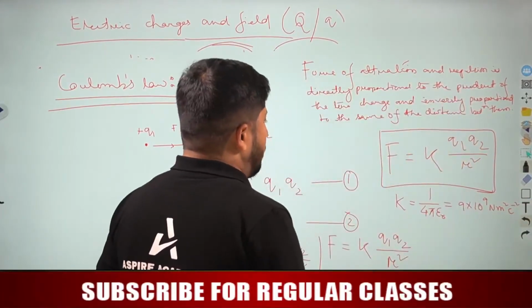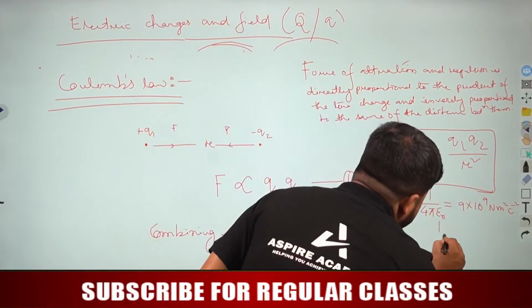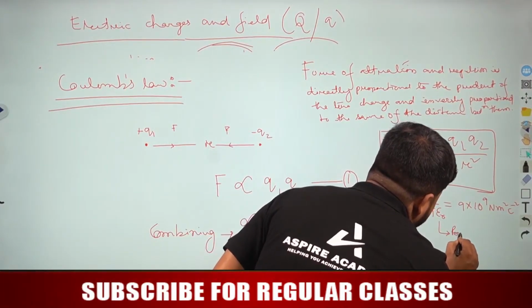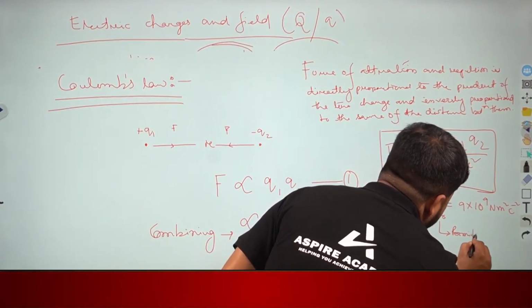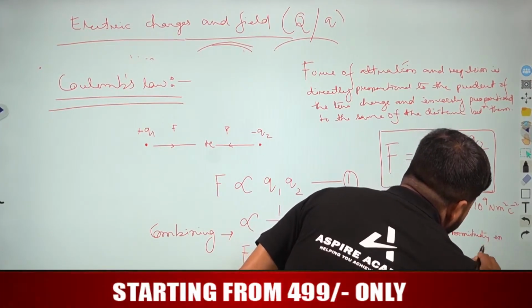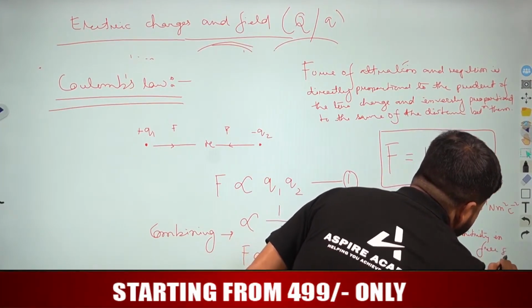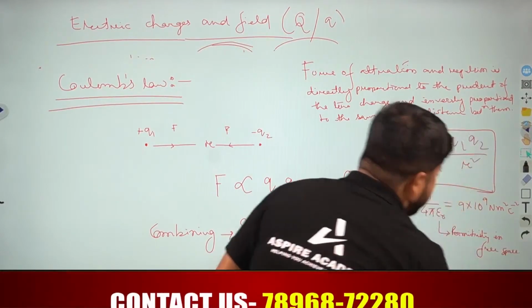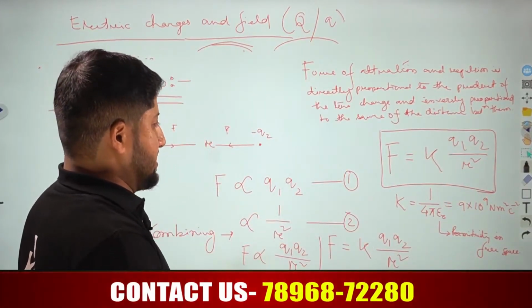What is epsilon naught? Epsilon naught is called the permittivity in free space.